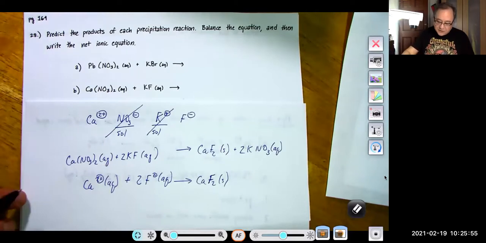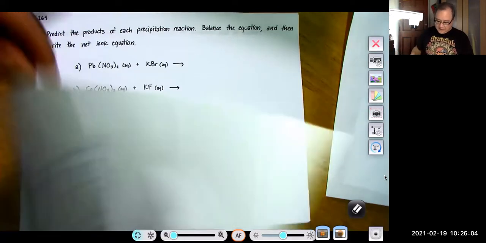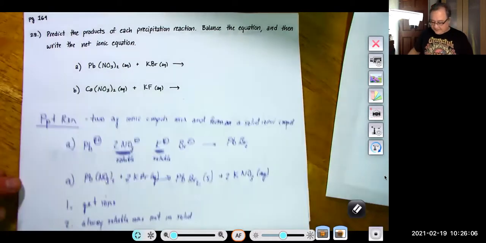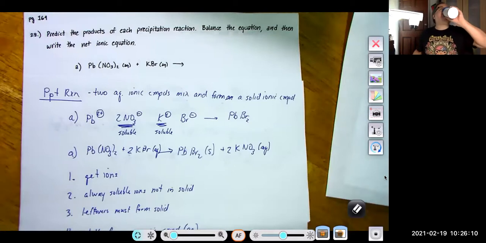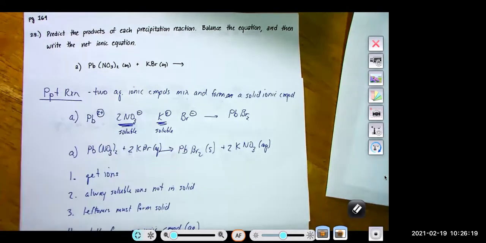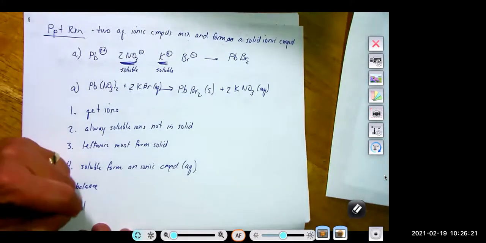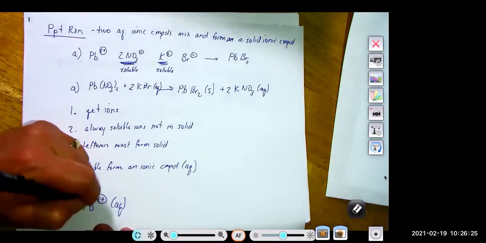So I forgot to do the net for A. So why don't you do the net for A? Here's A. What's the net? Pb2+ aqueous plus... Would you do 2Br or Br2?